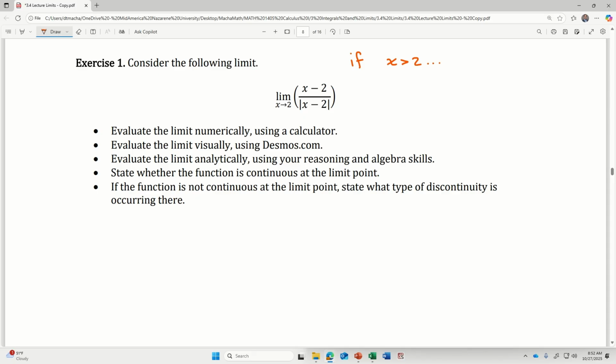What is the value of this function if x is greater than 2? One. Because if x is greater than 2, the numerator is positive, and the denominator is positive because of the absolute value. And it's the same number. So positive divided by the same positive number must be positive 1.